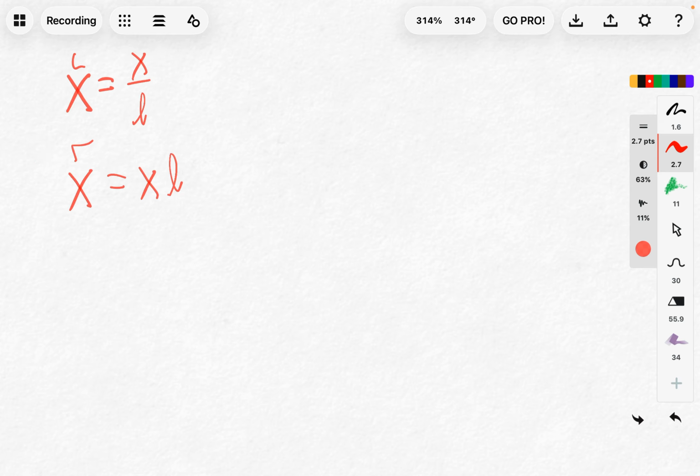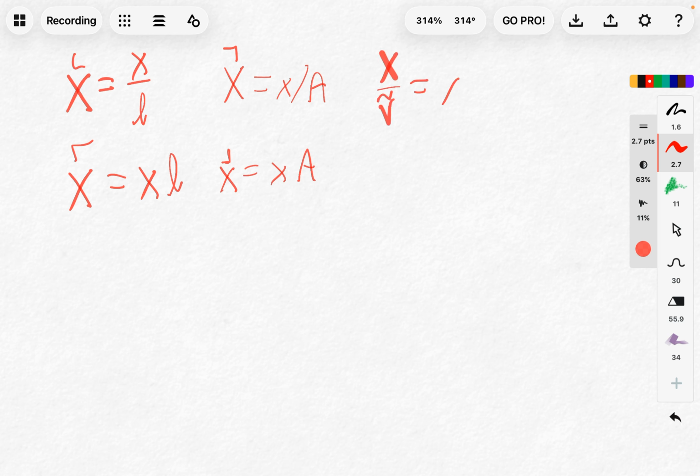That is not accidental. So with that being said, we have x with this diacritic, that is x over area, and we have x with the reverse, which is x times area. And then we have x over volume, which is this, and x times volume, which is this.